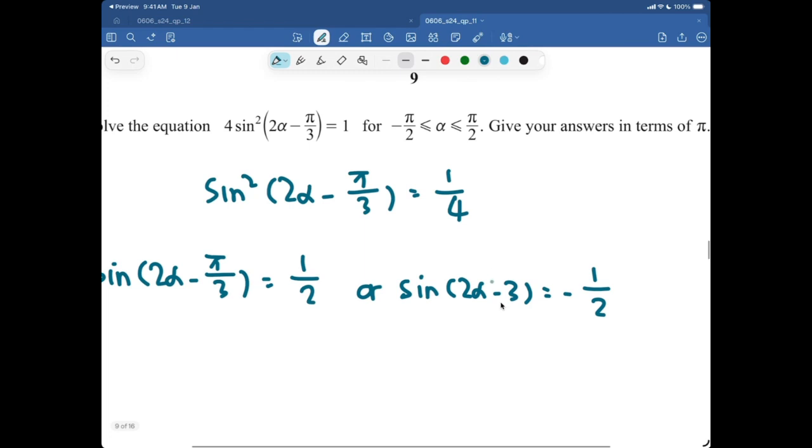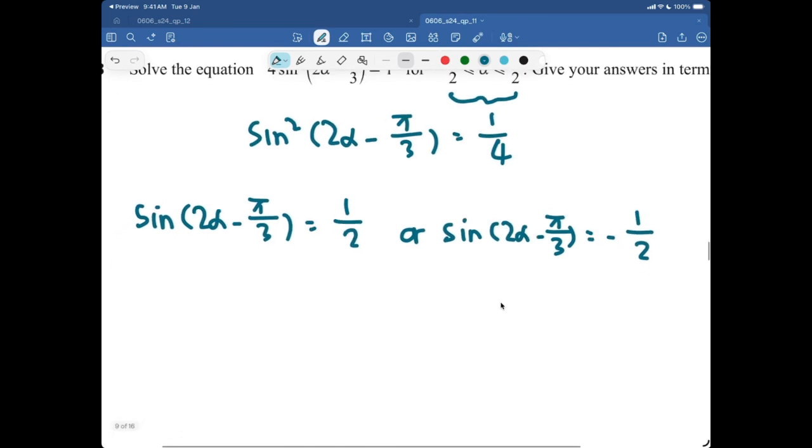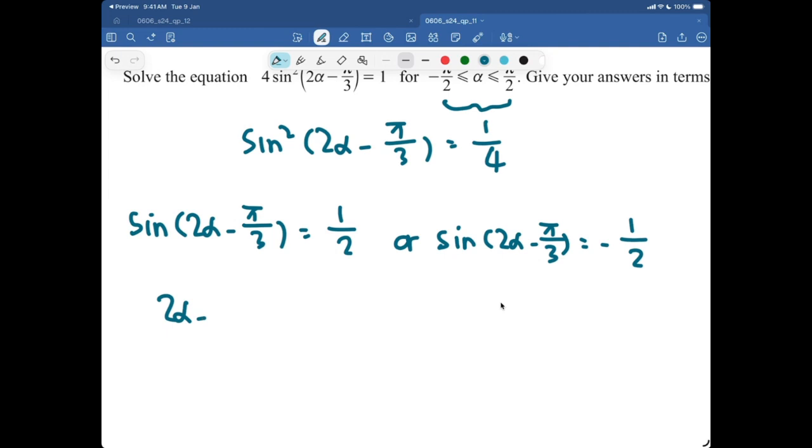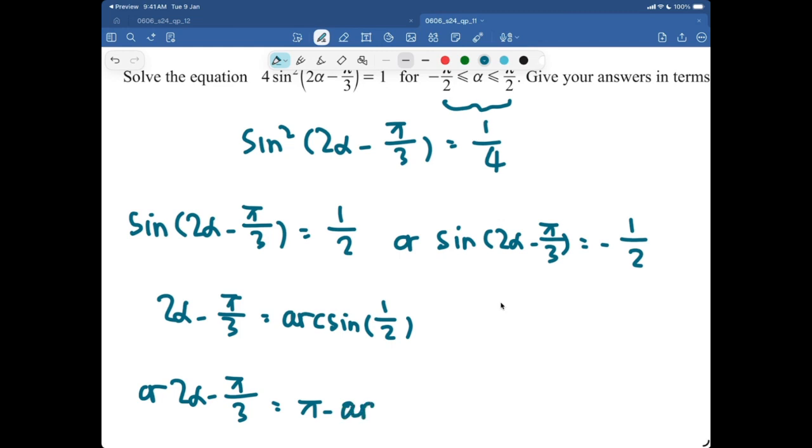We just have to make sure that we don't copy anything wrong, and that the solutions are in the domain. So 2 alpha minus pi over 3 equals arcsine of 1 over 2, or 2 alpha minus pi over 3 equals pi minus arcsine of 1 over 2.